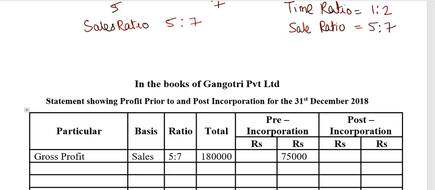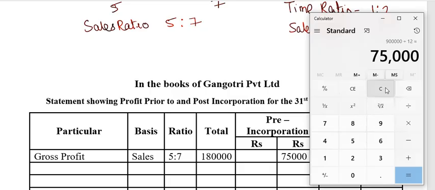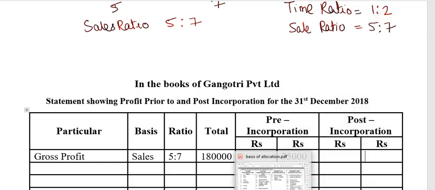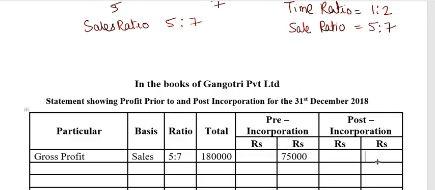For the remaining, 7 for post incorporation, divided by 12, so 1,05,000 is the gross profit of post incorporation. So gross profit we have distributed.